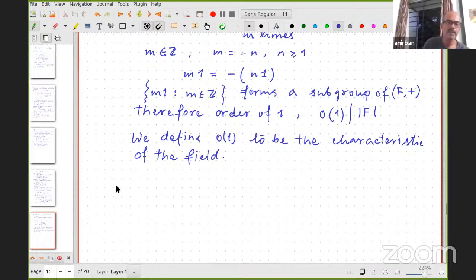The first observation is that the characteristic has to be a prime number. So let's write it as a lemma. But there is another equivalent definition.